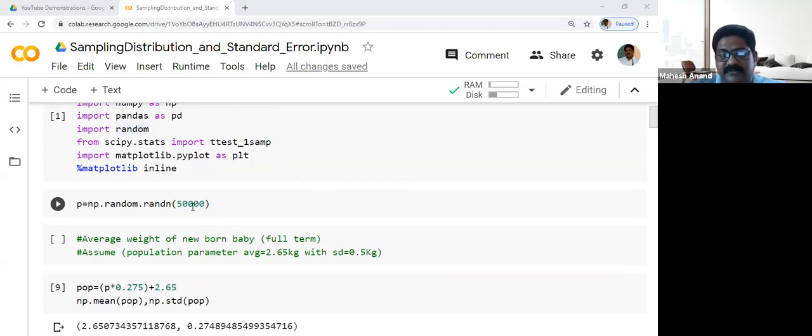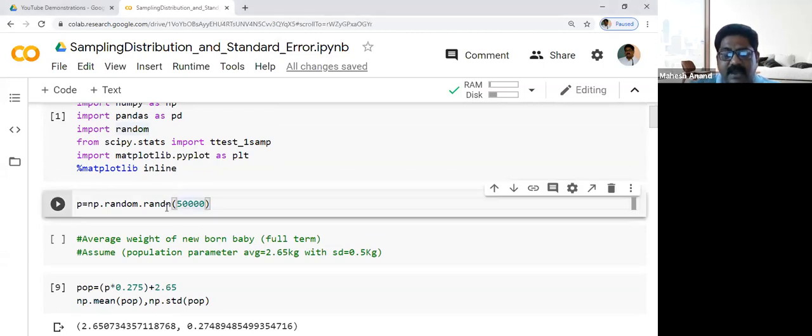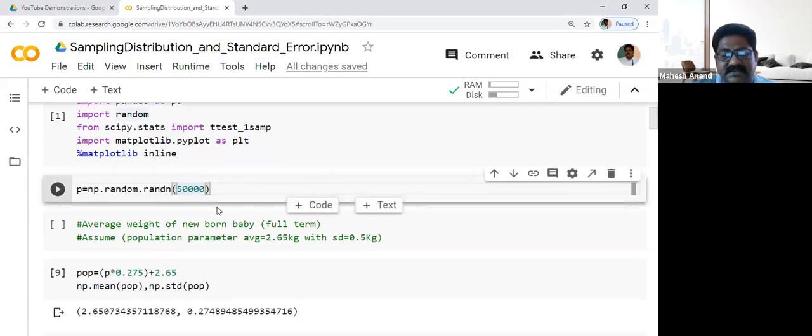So the beauty of inferential statistics is, irrespective of your population distribution, we are going to estimate the population parameter by approximating your samples close to a near normal distribution. However, here I'm simulating 50,000 samples, just simulating our example.